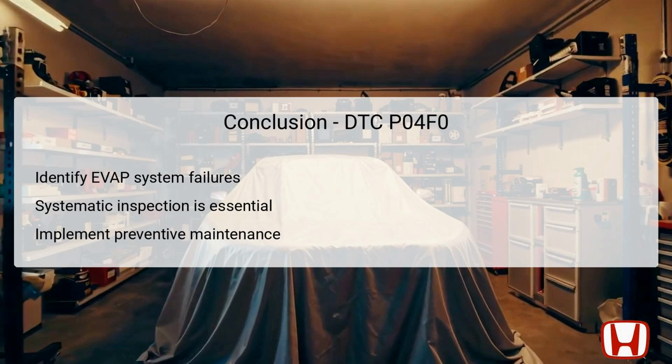Each component of the EVAP system plays a critical role in managing fuel vapors, and understanding their function is vital to the troubleshooting process. After resolving the issue, implementing regular maintenance checks can aid in preventing future occurrences. Recognizing the importance of the EVAP system not only enhances vehicle performance, but also ensures compliance with environmental regulations, emphasizing the significance of proactive vehicle care.